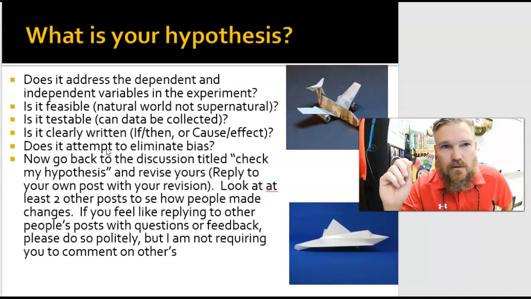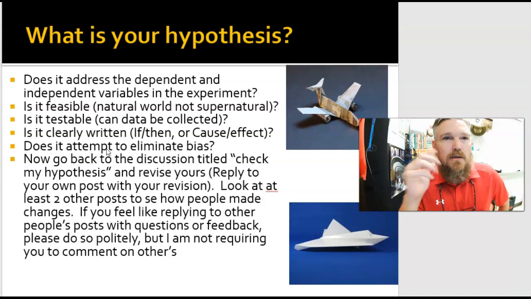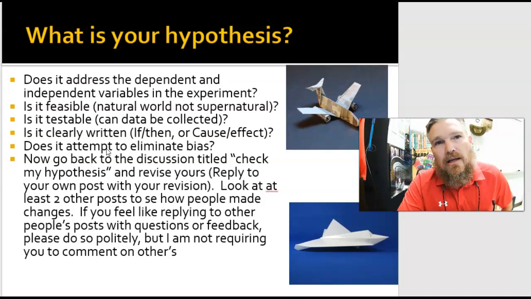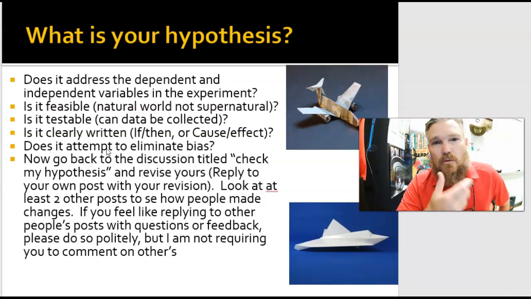Equal force could be biased. If you're throwing one harder than the other, that's technically an experimental bias that you're adding to it. So fix that. So if 3 planes are thrown with equal force, the plane that travels the furthest will be the best, and that's basically your hypothesis for this experiment.